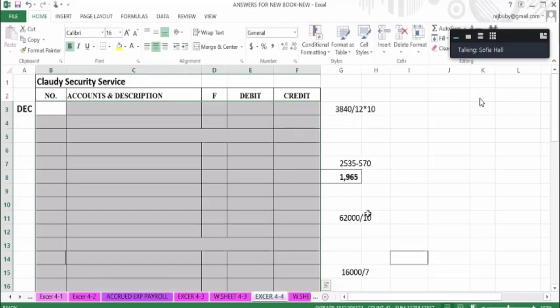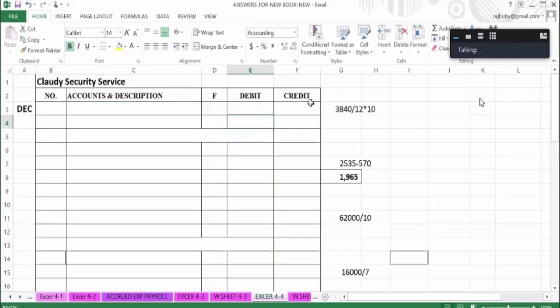A debit and a credit. Which one is debit? Which one is credit? Prepaid insurance, we credit. Insurance expense, debit.